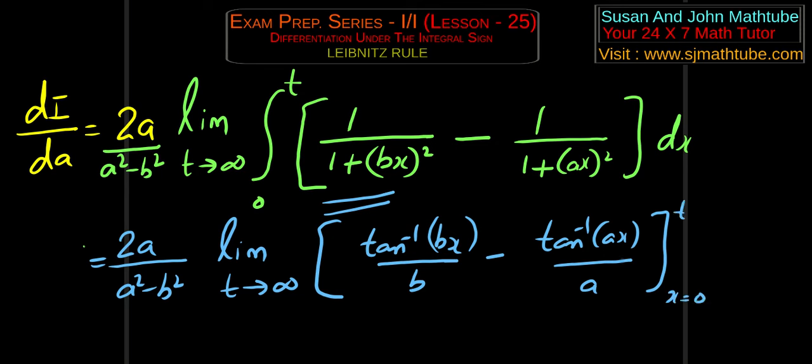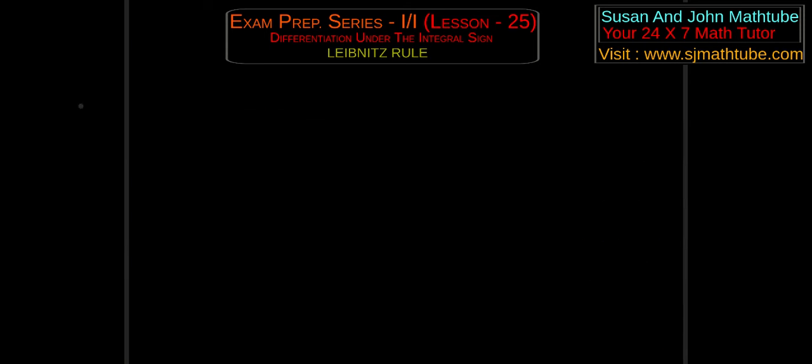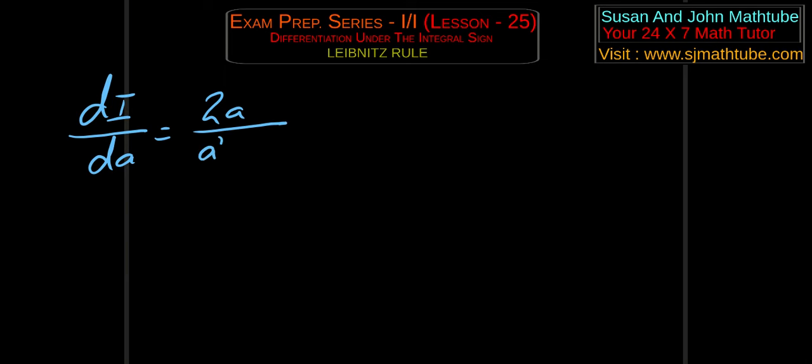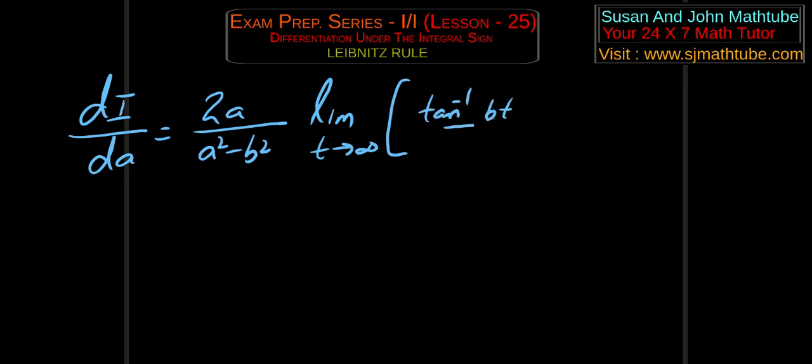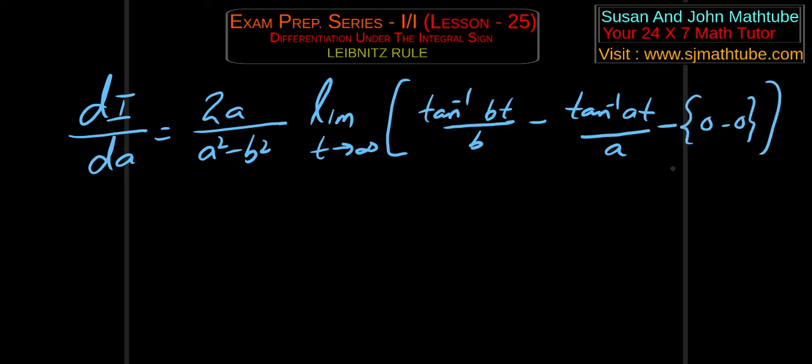So time to plug in. And no need to plug in the lower value because tan inverse 0 is 0, so this will vanish. So we get dI by dA is equal to 2a by a square minus b square, limit t tends to infinity, tan inverse (bt) by b minus tan inverse (at) by a, minus, of course, when you plug in the lower limit, you will get 0 minus 0.